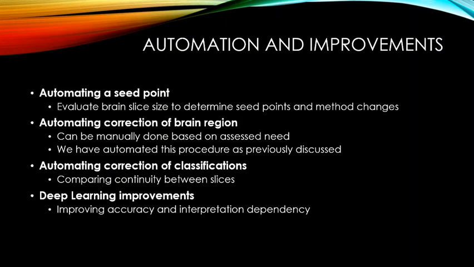There are ways where it can be done manually: if you're looking at a slice of the original image versus your already thresholded and segmented image, and you think that your segmentation missed an area, then you can tell your program, hey, I think you missed something.